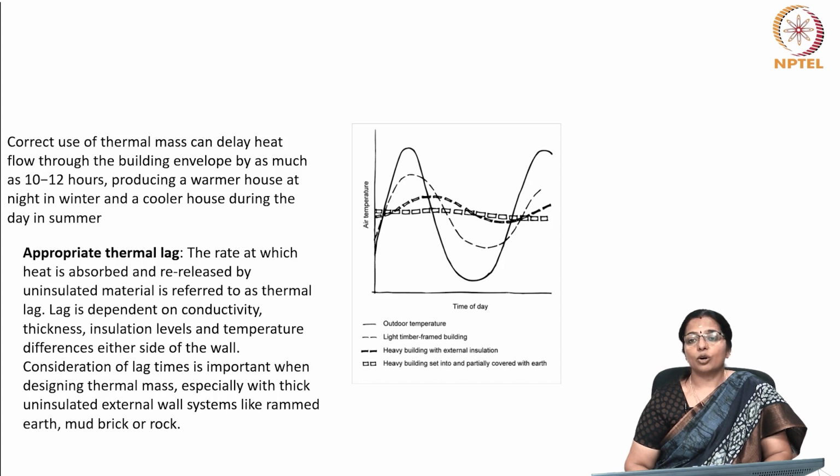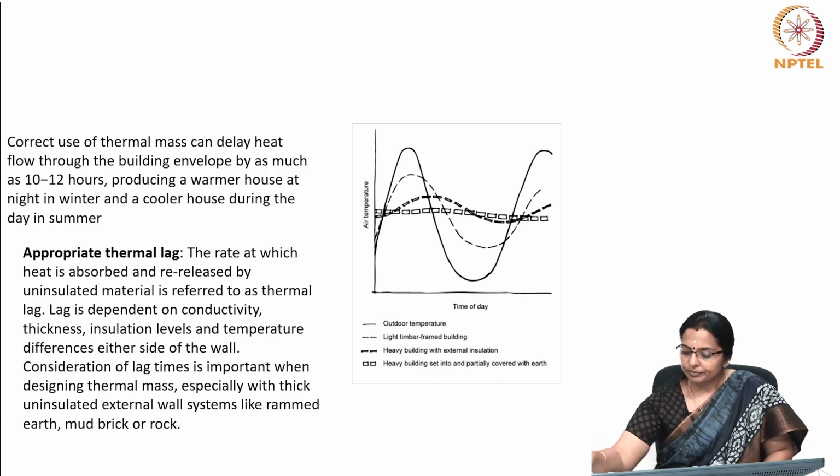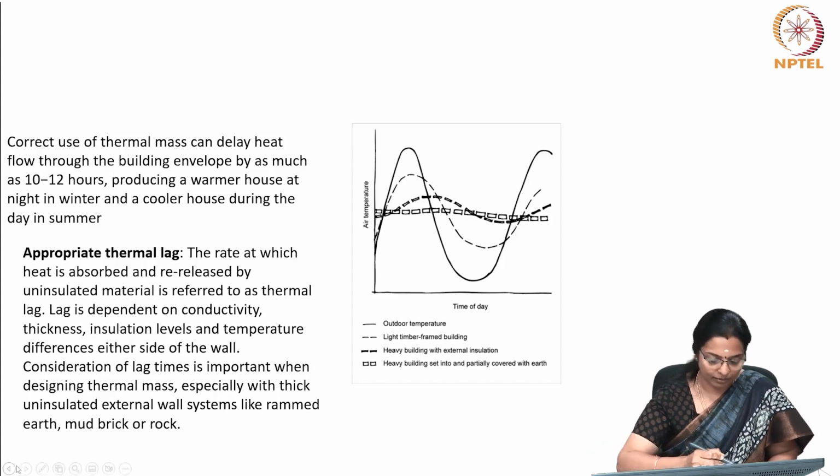Lag is dependent on conductivity, thickness, insulation levels and temperature difference either side of the wall. Consideration of lag times is important when designing thermal mass, especially with thick, uninsulated external wall systems like rammed earth, mud brick or rock.